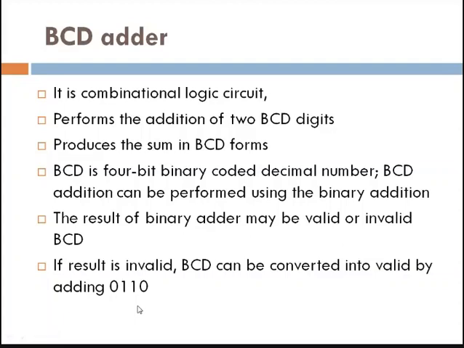If you convert it into decimal form, this number is nothing but the binary of 6. So every time we get an invalid result from the first addition, in the next addition you have to take that invalid sum and add 6 to it to get a valid result. So the question is, why every time do we add only this number 6?